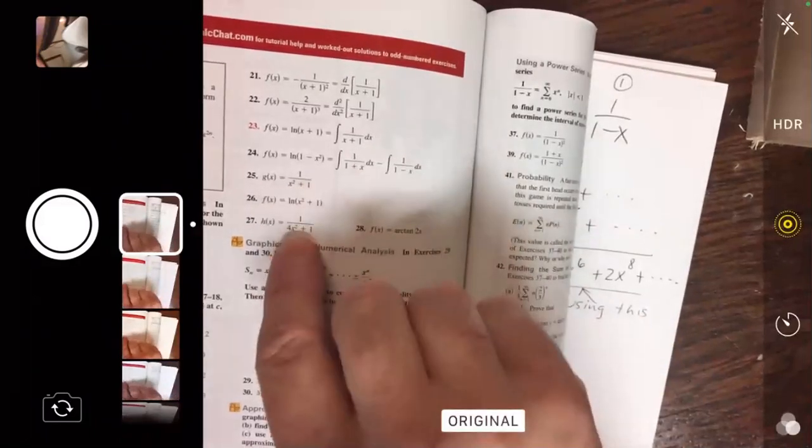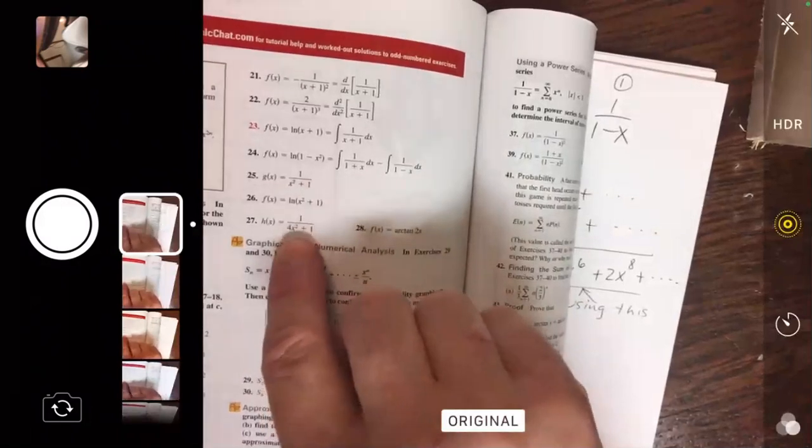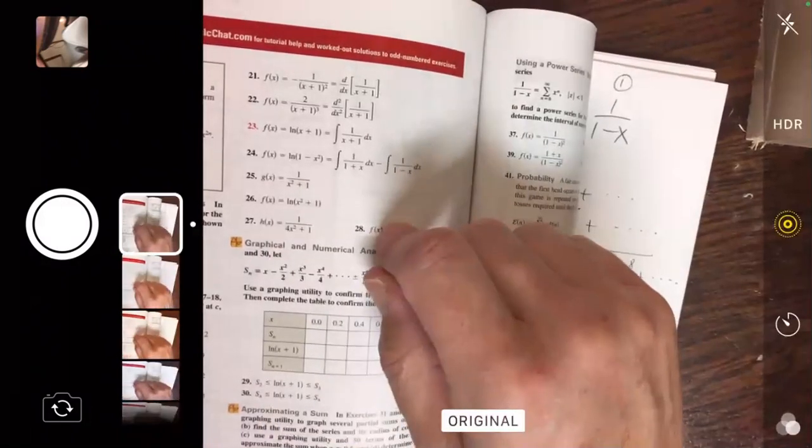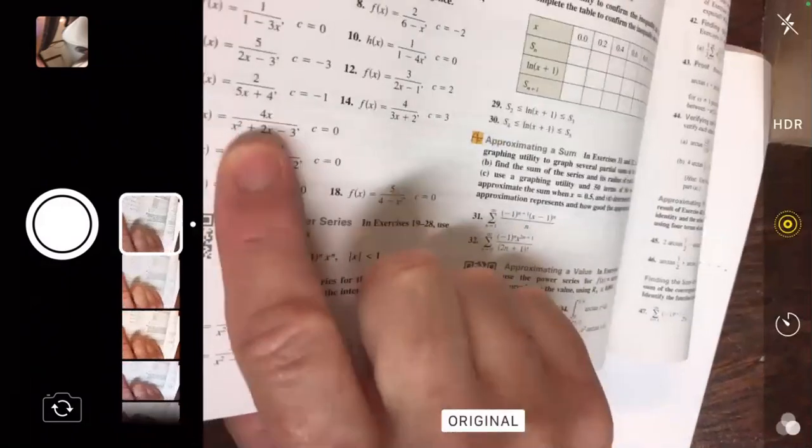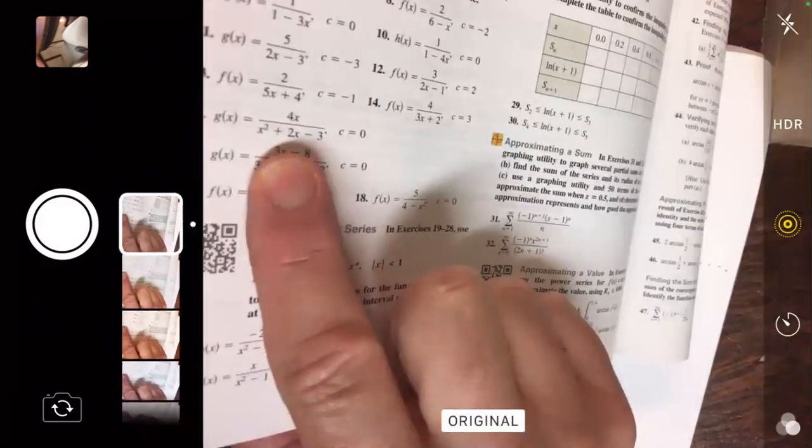And 27 is simple. You plug in 4x squared on formula 2. But 15 will be a royal PITA.